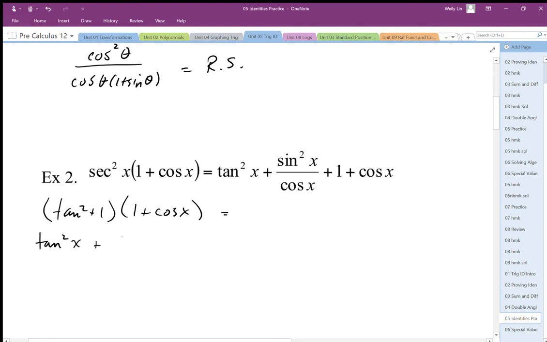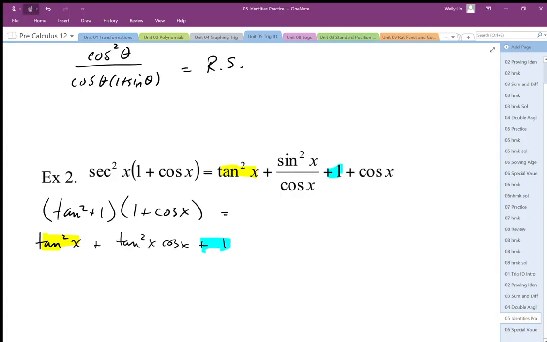Outside, it's going to be tan squared times cos, plus 1 times 1 is 1. There's my 1, so I'm just going to highlight these things. I already have this match. I'm not going to mess with that anymore. I have these ones match. I'm not going to mess with that anymore.